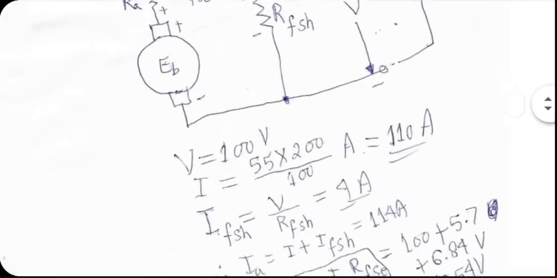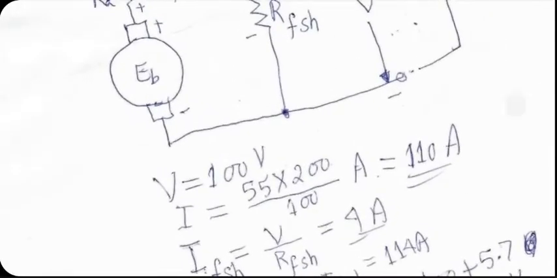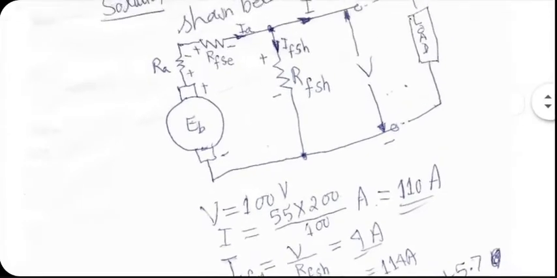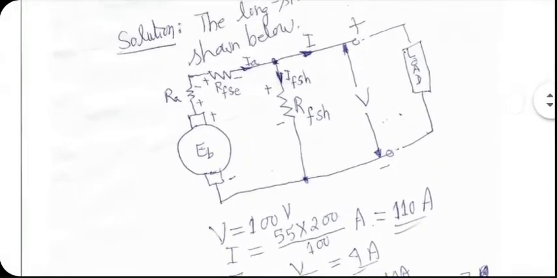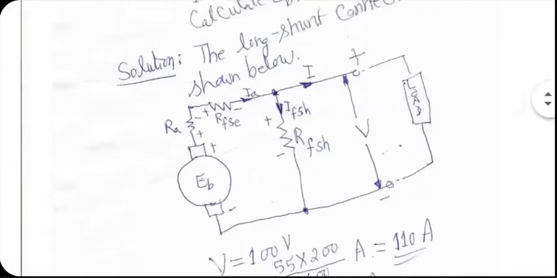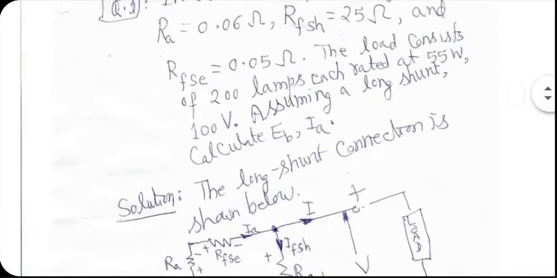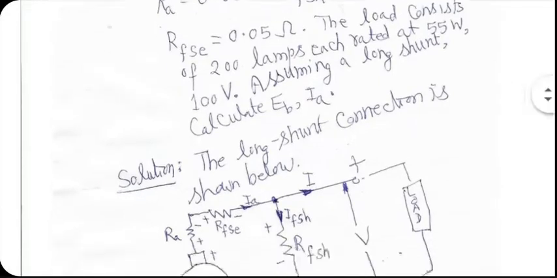So total wattage will be 55 into 200. And that divided by voltage will give you the total load current. Load has 200 lamps in parallel. So 200 lamps multiplied by 55 watt divided by 100 volt.